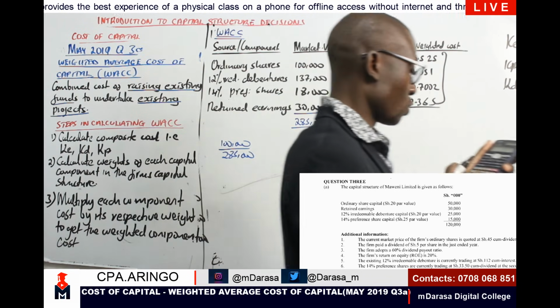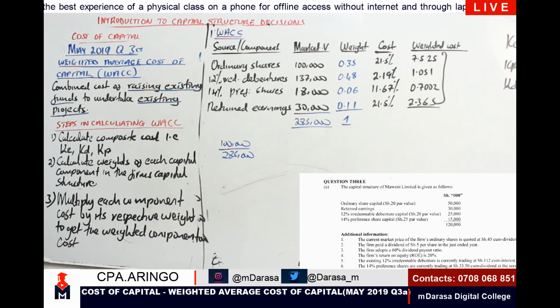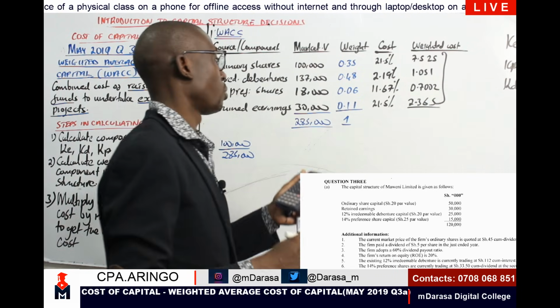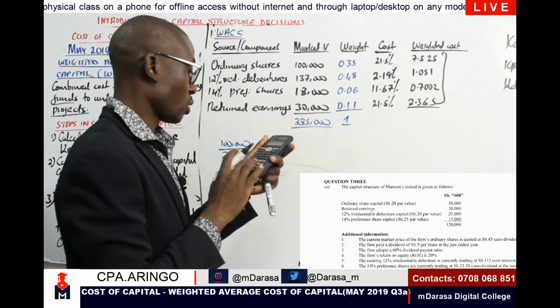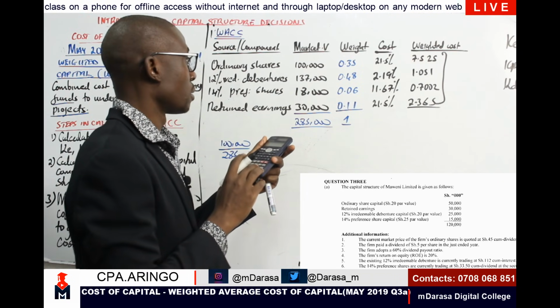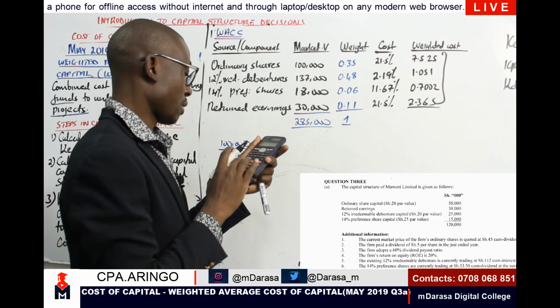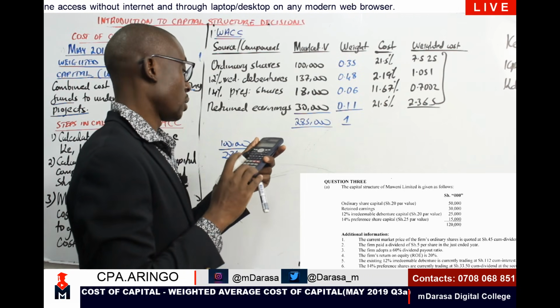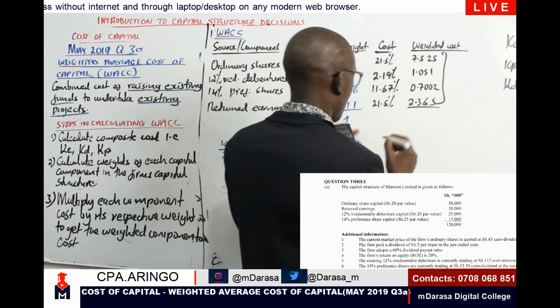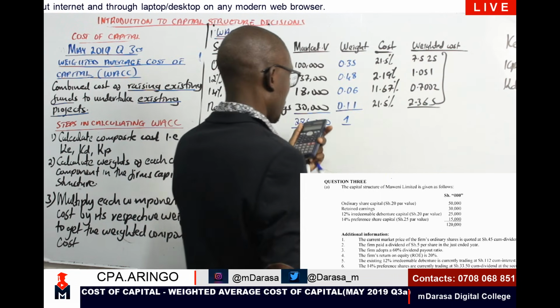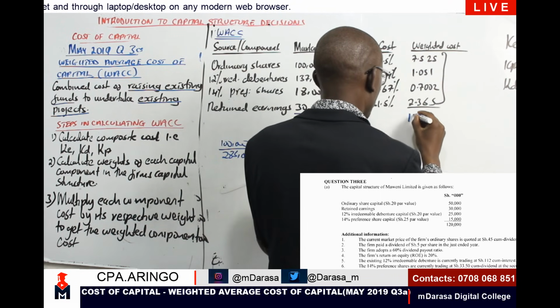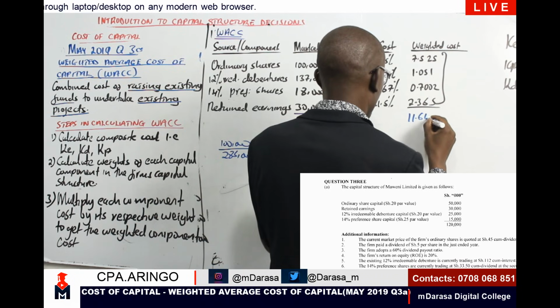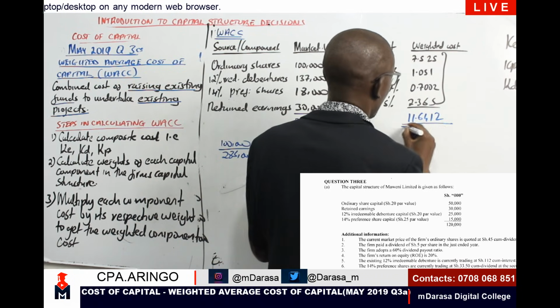So if we can sum it up, we should be talking of 2.365 plus 0.7002 plus 1.051 plus 7.525 to give me a figure of 11.6412.